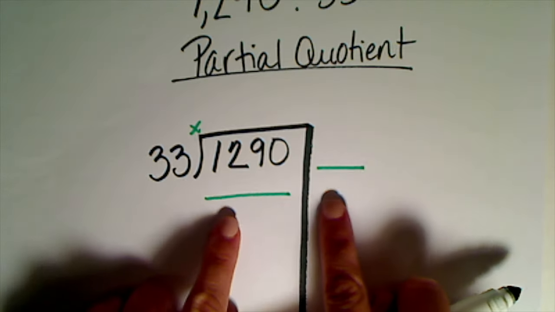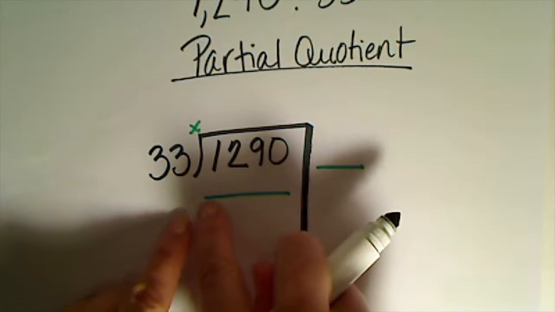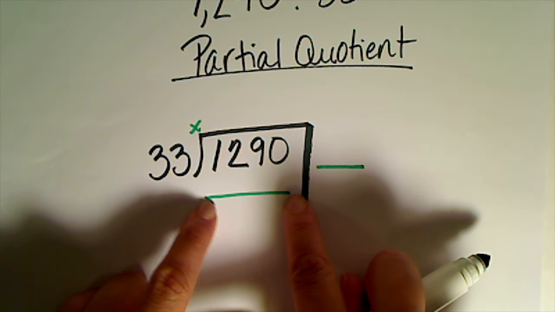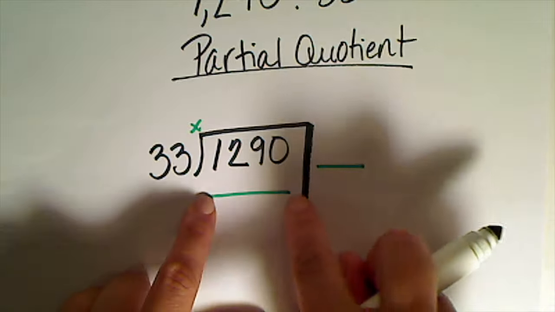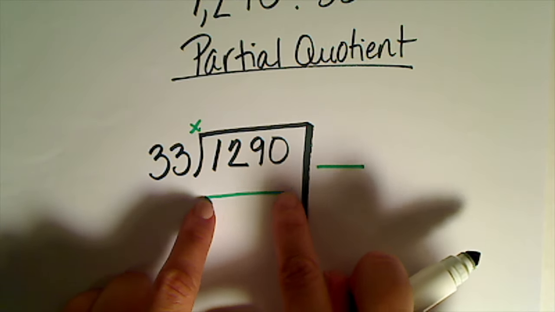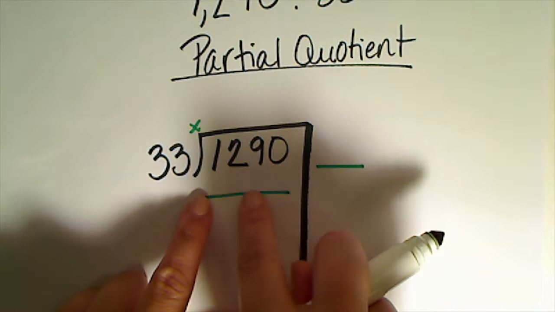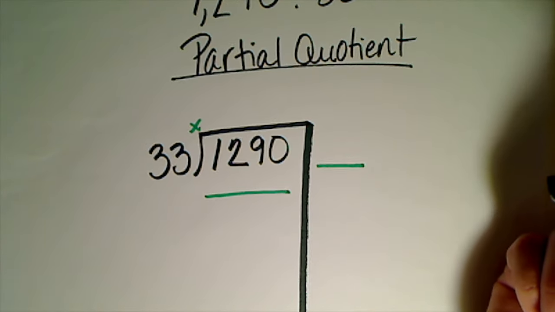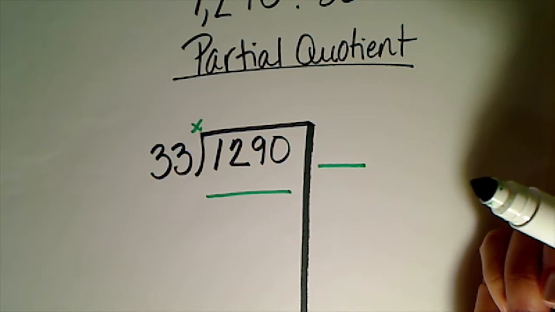So when you're doing partial quotient, I want you to draw a line all the way from one end of the dividend to the other end, because you have to line up the values. So, what does Miss Guidry always like to start off with when we're doing partial quotient?